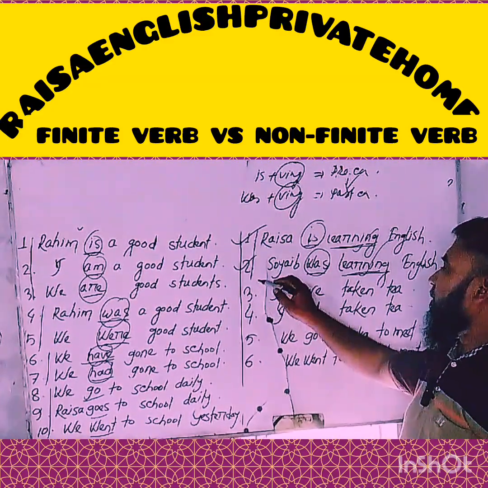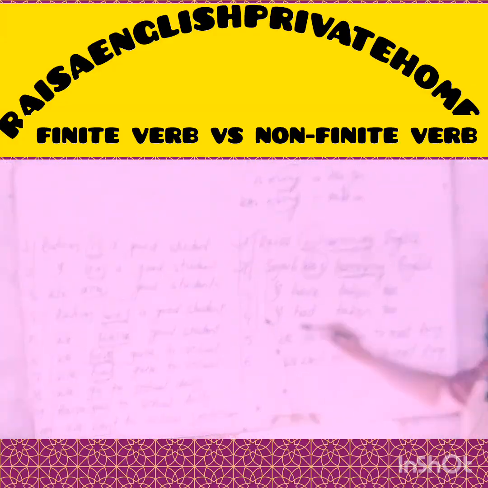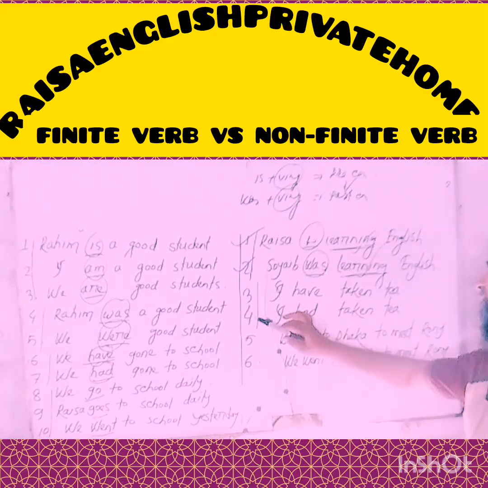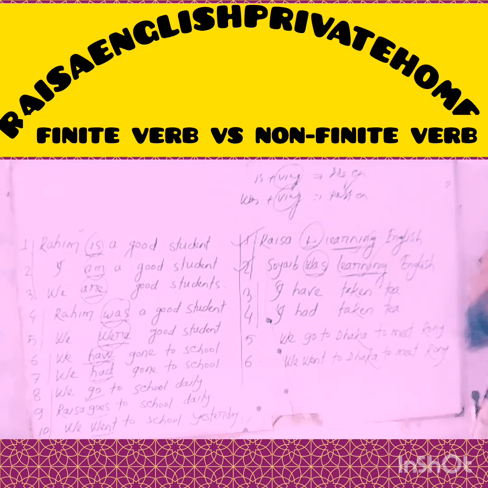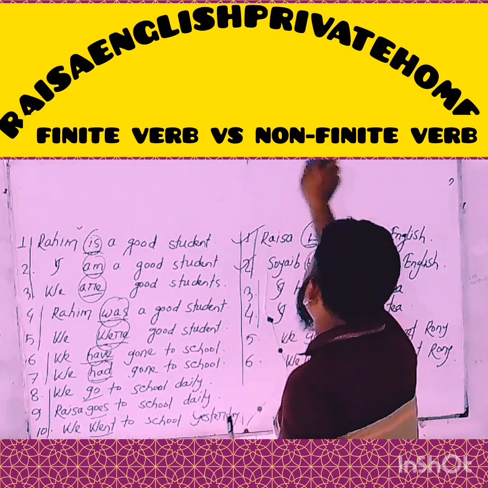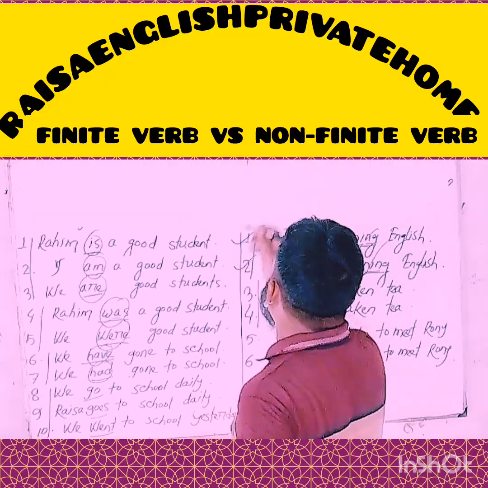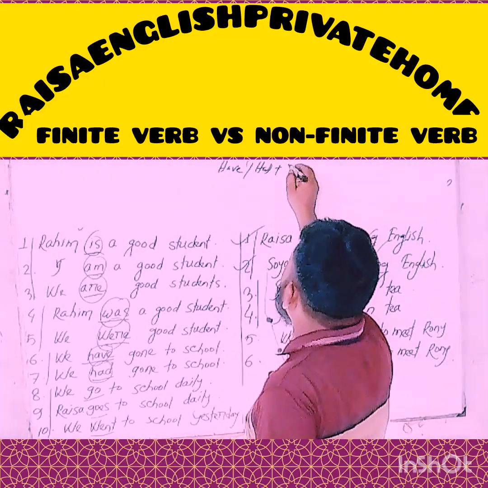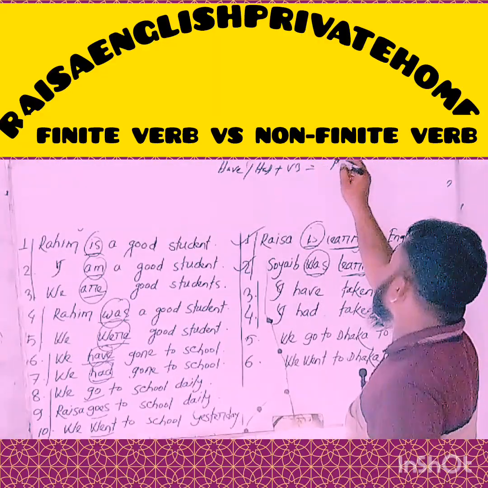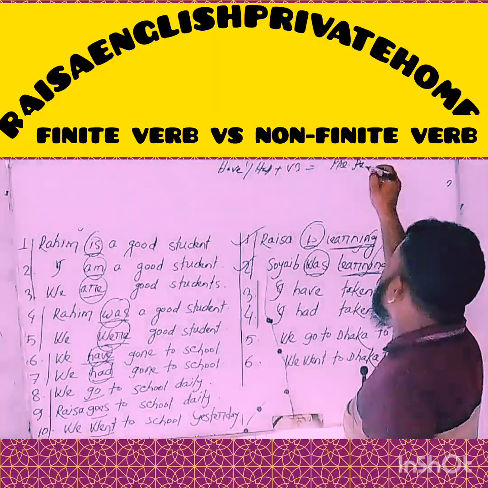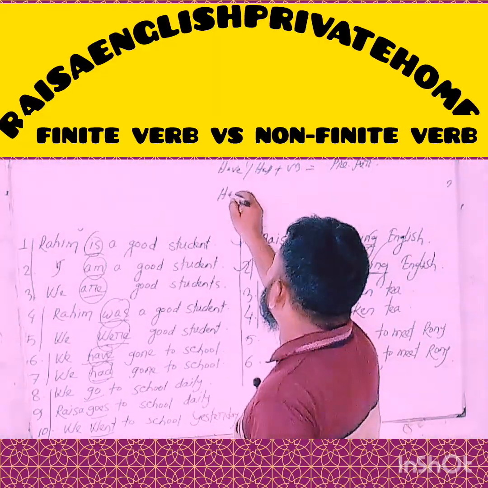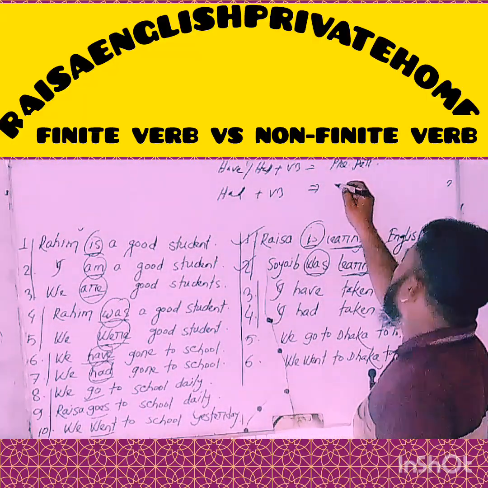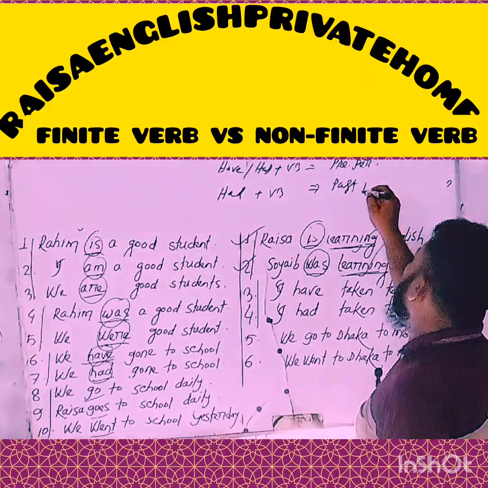Next two examples, my dear learners, number 3 and 4. I have taken a chair. Example number 4: I had taken a chair. You have to keep in mind that the structure of present perfect tense is have/has plus V3, but had plus V3 is past perfect tense.